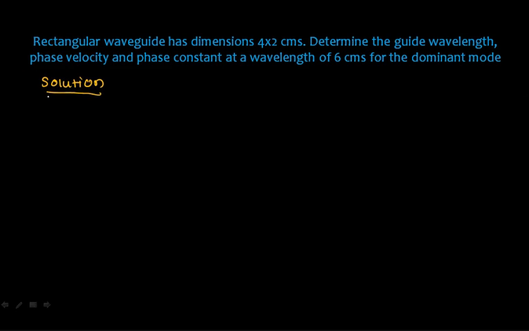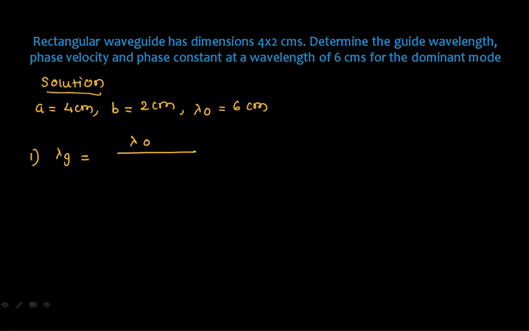In the solution, I'll write the dimensions given: A is equal to 4 centimeters, B is 2 centimeters, and lambda 0 is 6 centimeters. First is the guide wavelength, so lambda g is equal to lambda 0 divided by the square root of 1 minus lambda 0 by lambda c, squared. Whenever such things are given, they ask you to calculate for the dominant mode.